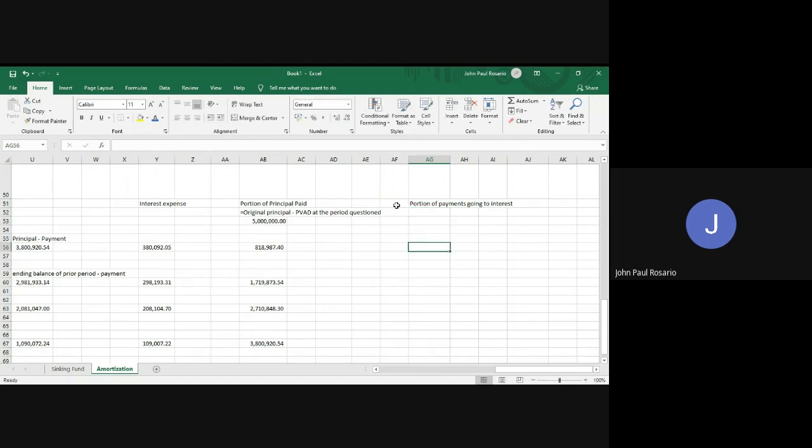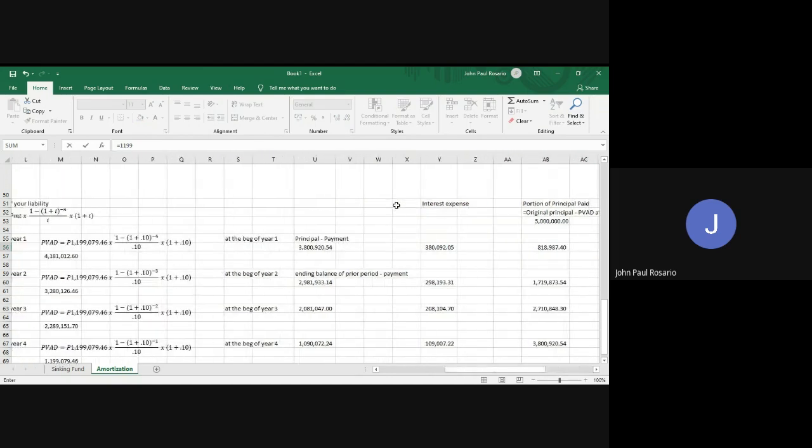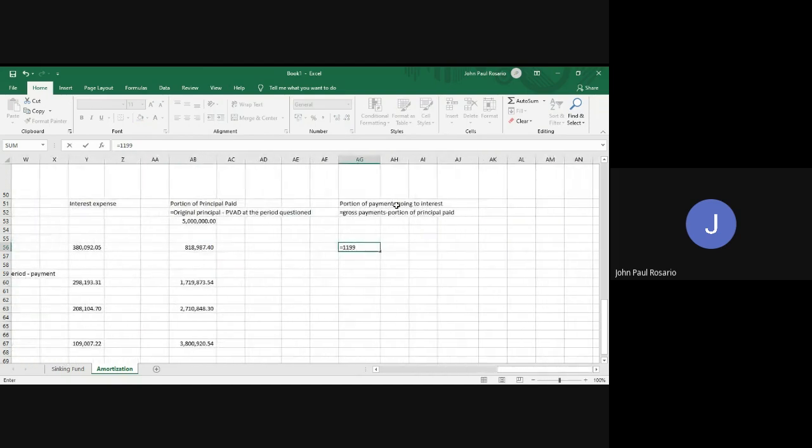So at year one, the formula would be gross payments less portion of principal paid. So for this one, our gross payment for year one is 1,199,079.46.